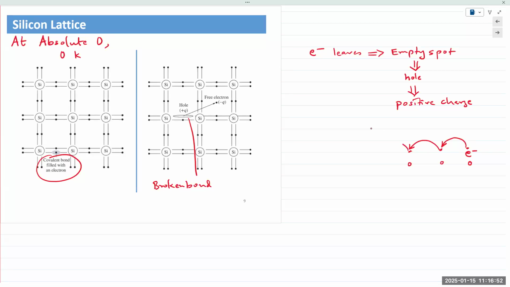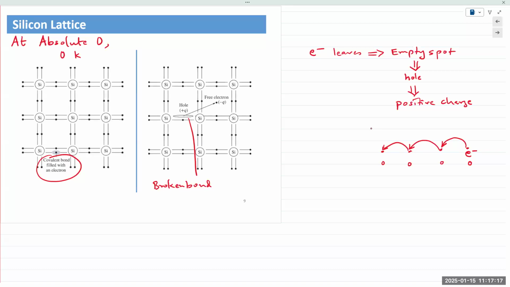And so as the electron moves towards the left, the reason it was able to move is because there's an empty spot in that place. So as the electron moves in one direction, the hole is now getting filled up, and the hole is moving in the exact opposite direction.